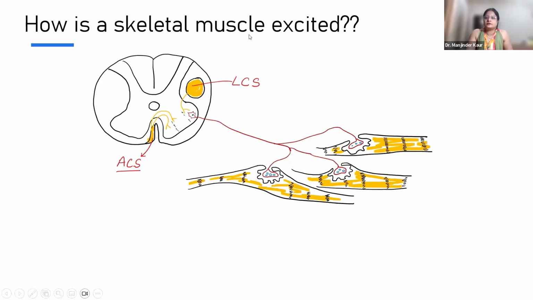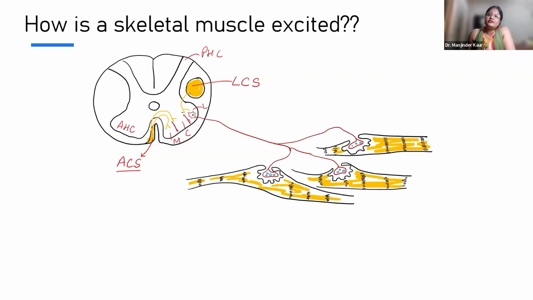Now, one thing I want to focus on here is very interesting. You all know that the spinal cord has the posterior horn cell and the anterior horn cell. The anterior horn cell is primarily the area from where the motor neurons originate, right? The anterior horn cell is divided into three regions: the lateral region, the central region, and the medial region.